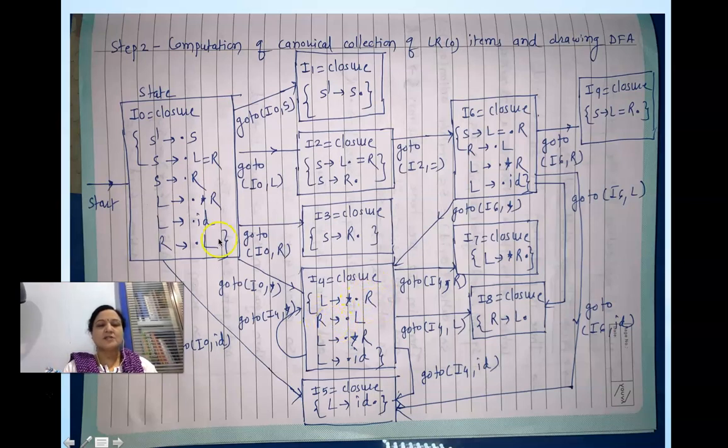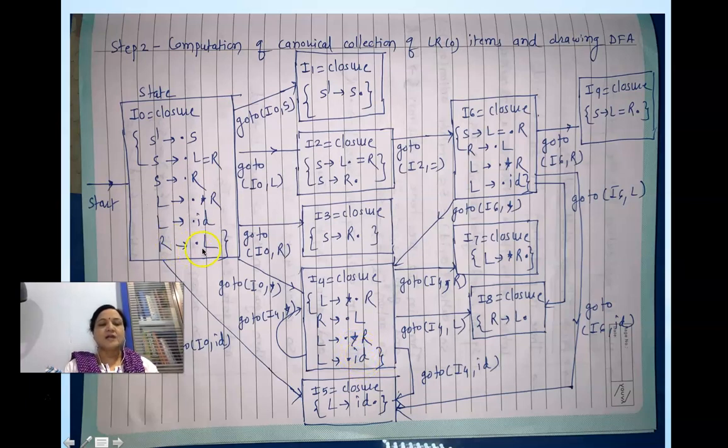So the R production is R tends to dot L. Now after the dot L is a non-terminal, so we take the L productions. So L tends to dot star R and L tends to dot ID we are going to add in the closure. Now here star and ID are terminals, so we cannot further expand the closure of I4.